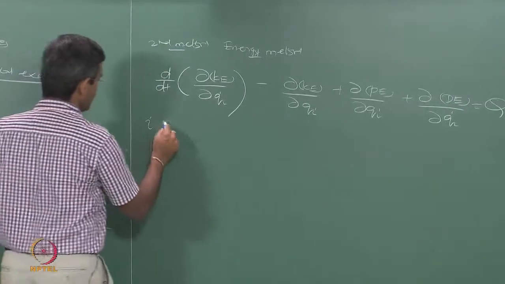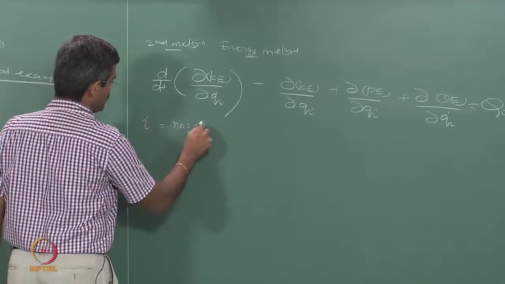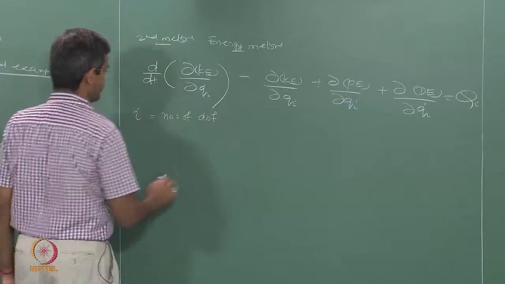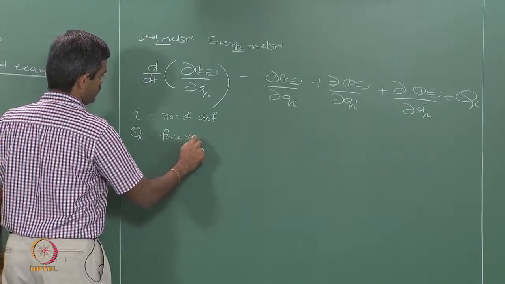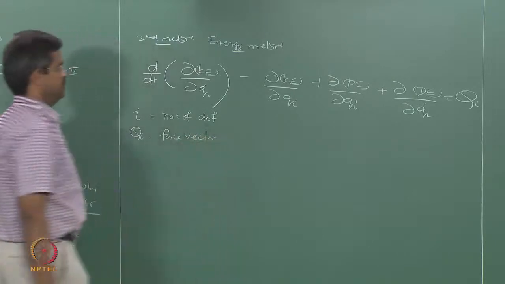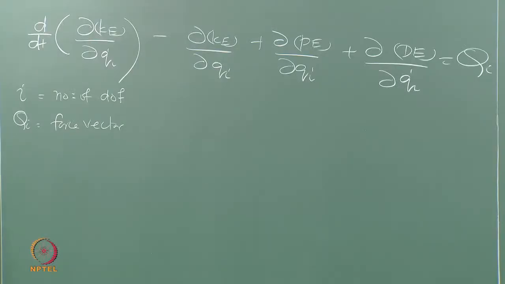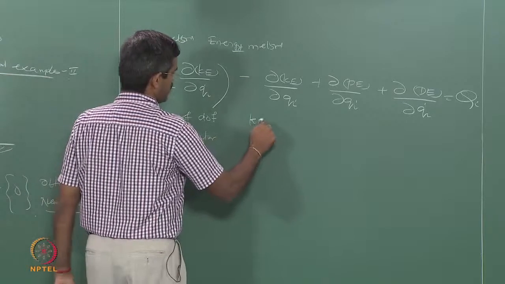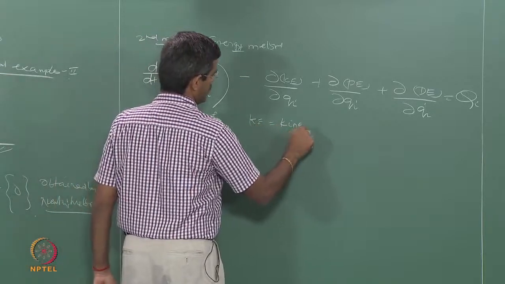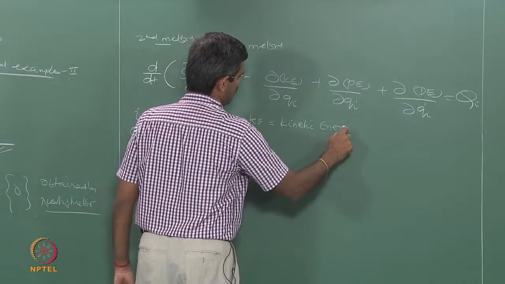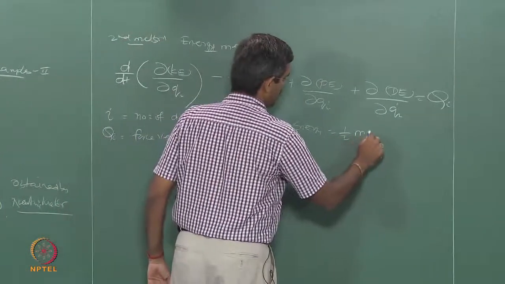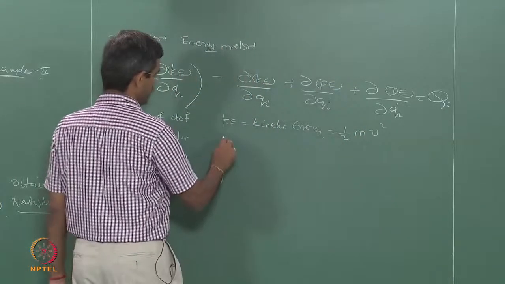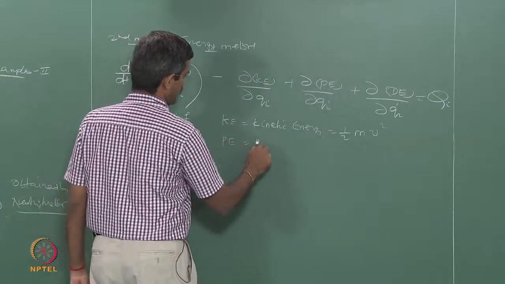where i is the number of degrees of freedom and Q_i is the force vector, and KE represents kinetic energy. For a spring mass system, it is half m velocity square. P represents potential energy.